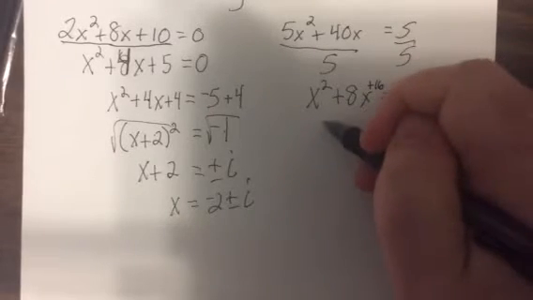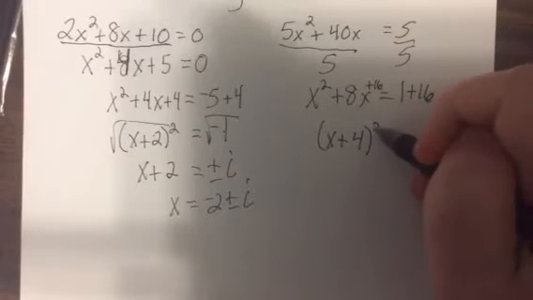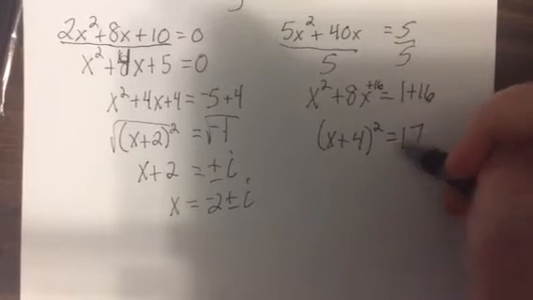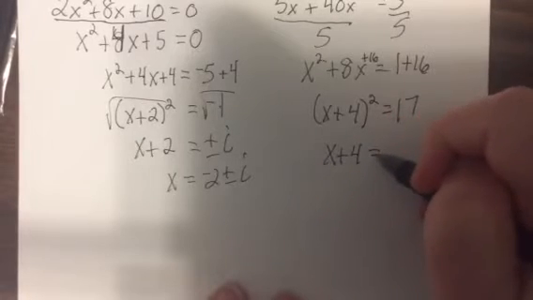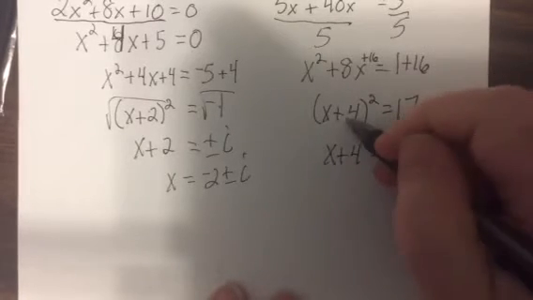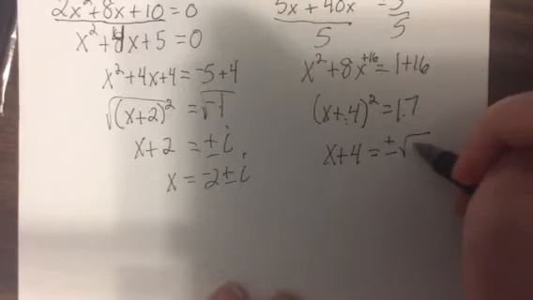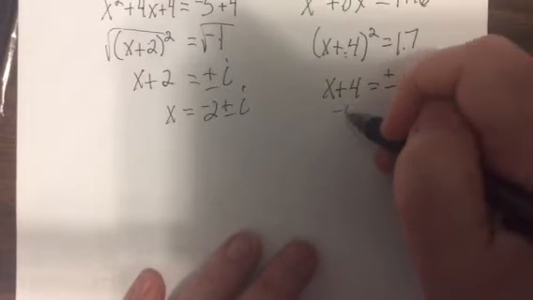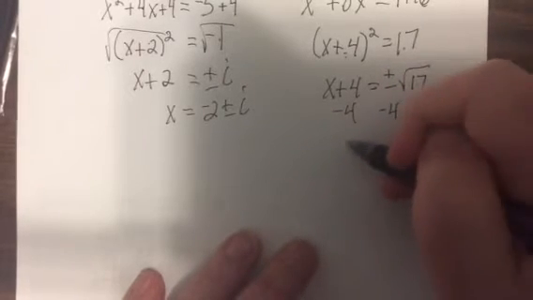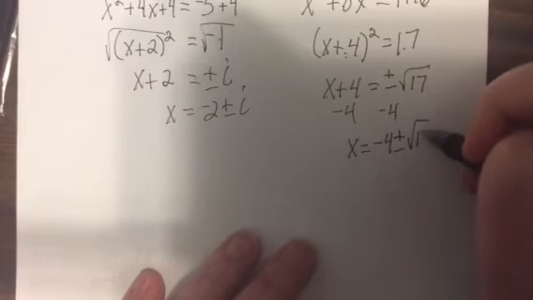Now when you factor this, you get x plus 4 times x plus 4, which is x plus 4 squared. Then square root both sides, you get x plus 4. Now don't forget, whenever you square root a variable term and a number, it's plus or minus whatever the square root is. Then I'm going to subtract 4. So it's x equals negative 4 plus or minus the square root of 17.